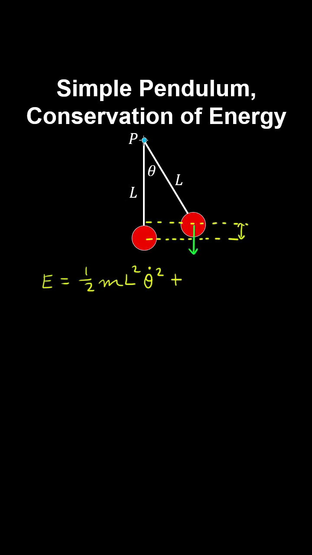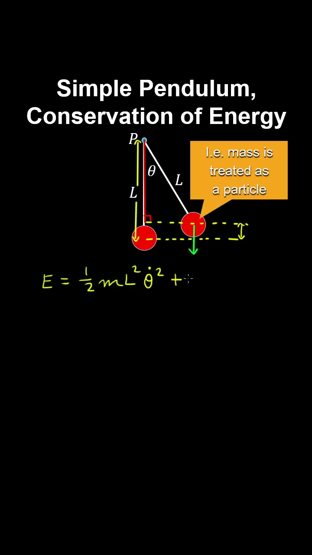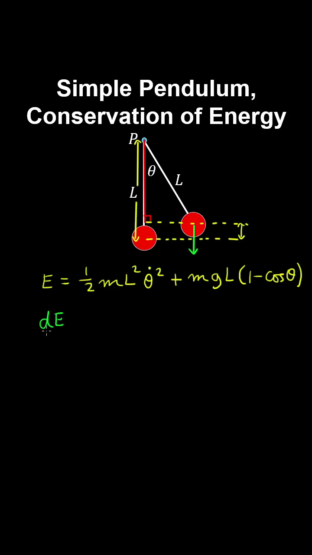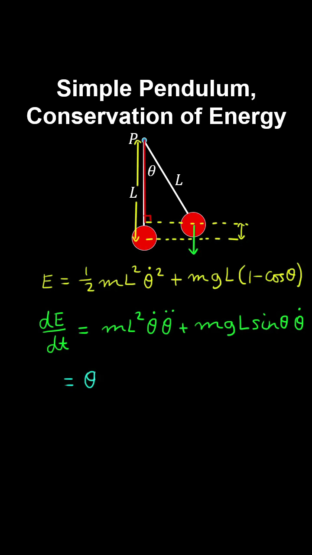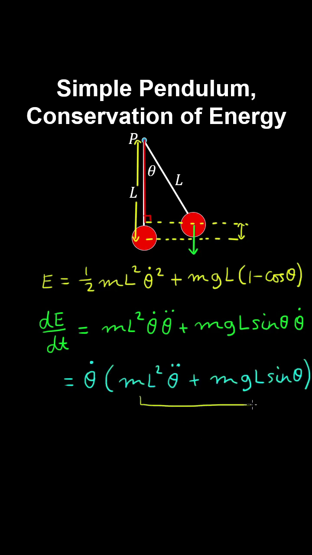So by trigonometry, we can obtain this distance, which is L cosine theta, and then subtracting this from the length to the center of mass gives the following expression for the gravitational potential energy. And now we can differentiate this expression with respect to time, applying the chain rule. And now factoring out the angular velocity, we recognize that this is the equation of motion for the pendulum, which is equal to 0. So therefore the total energy is constant, and energy is conserved in this system.